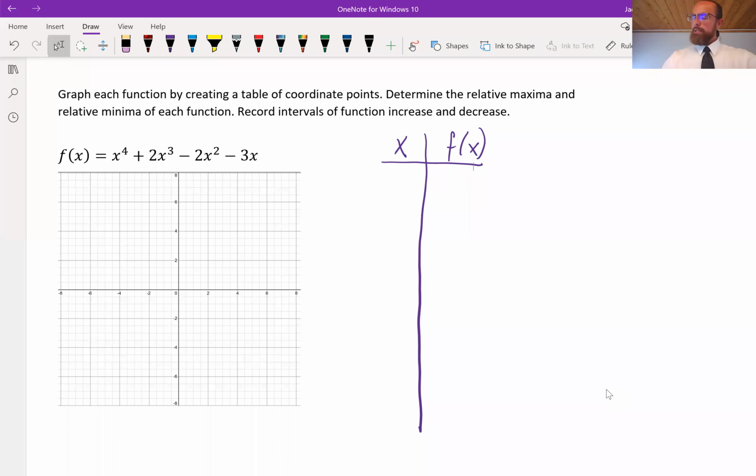So that same table of values I'm going to record here. So we had from -3 through 2. So -3 was 18. -2 was -2. -1 was 0. 0 itself was 0.